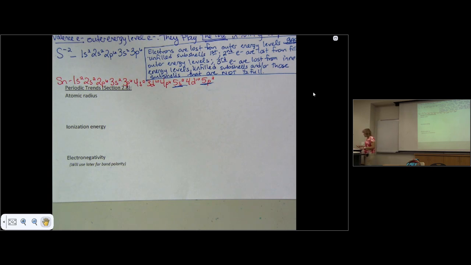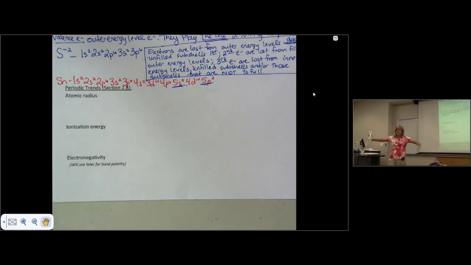So there are 3 different trends that we want to talk about. The first one is atomic radius. And atomic radius, I could have called it atomic diameter. You follow me? You have seen me stand up here and do this now for over a week, I think. When I do this, what am I talking about?